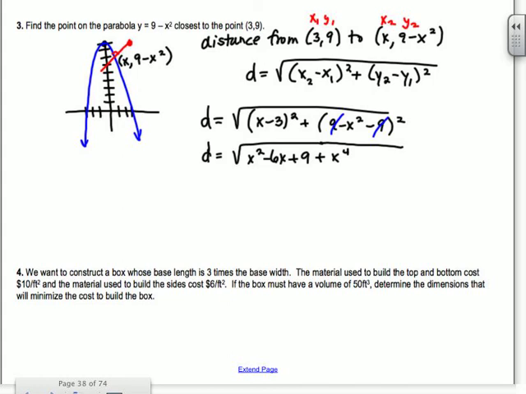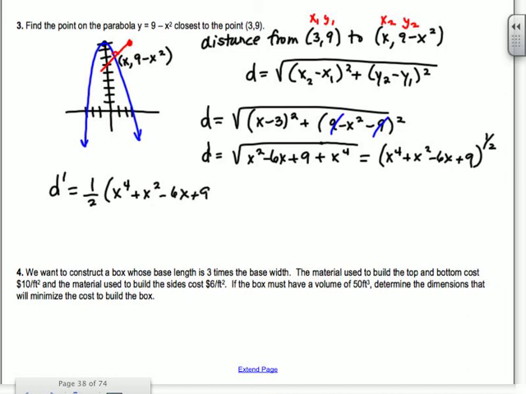Now you need to take the derivative. For the first derivative of d, you think of all of this as being raised to the 1/2 power, when you see the square root. So it's (x to the fourth plus x squared minus 6x plus 9) to the 1/2. Your 1/2 goes to the front, now raised to the negative 1/2, times the derivative of the inside: 4x cubed plus 2x minus 6.